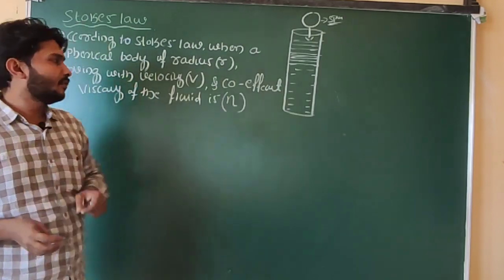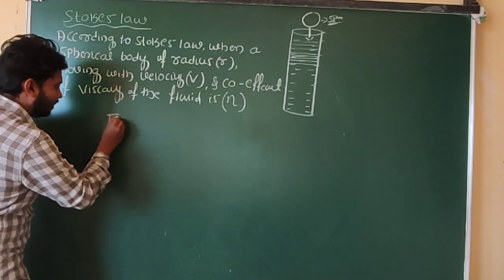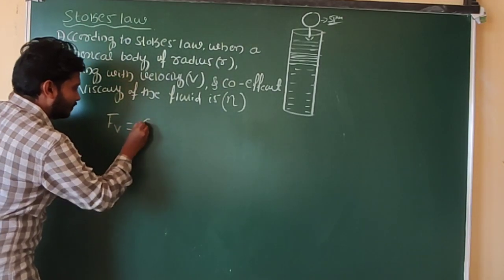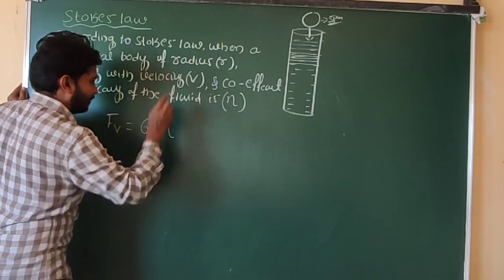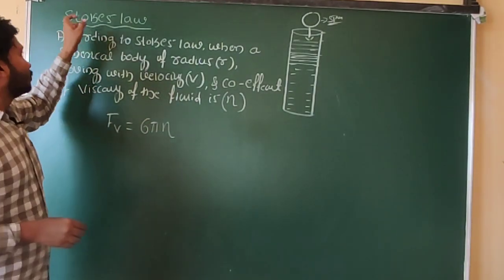Then the viscous force acting on that spherical body is 6 pi eta r v.